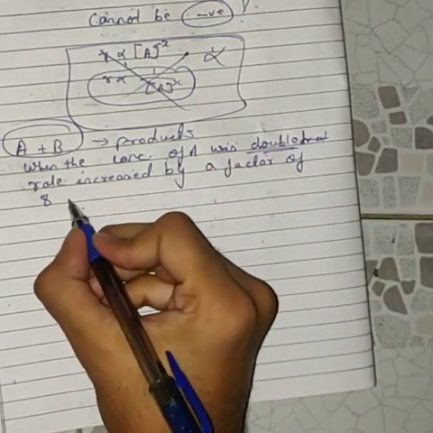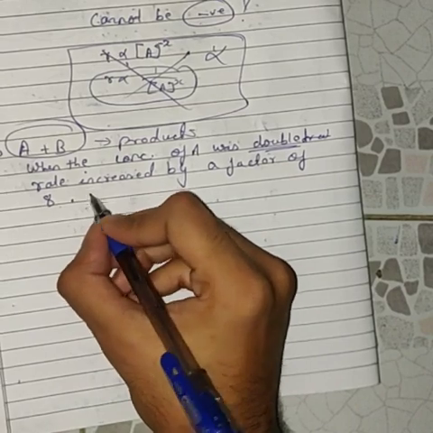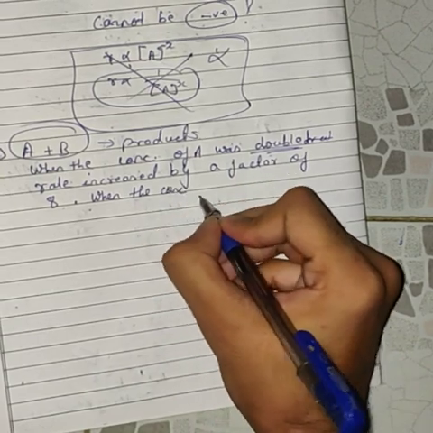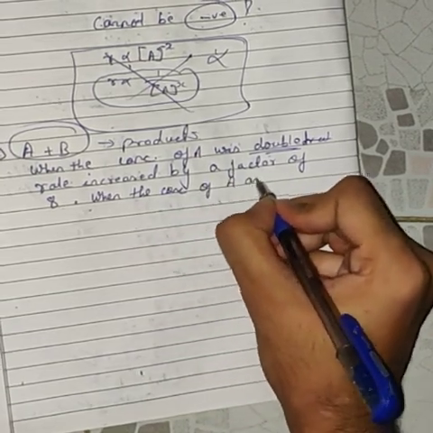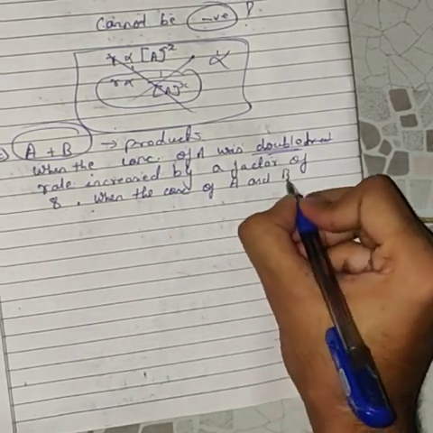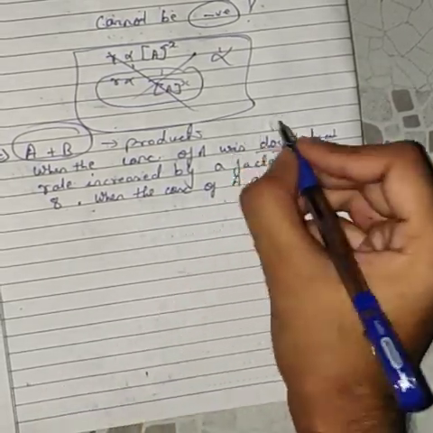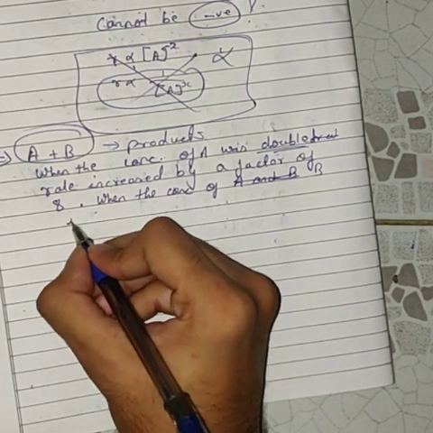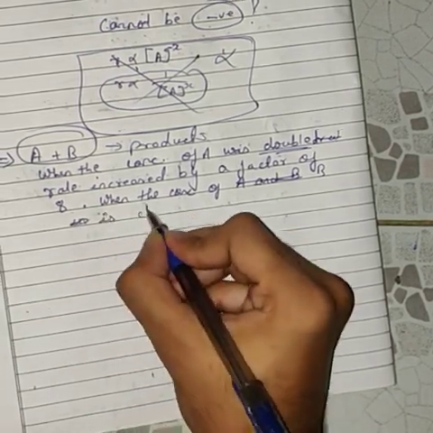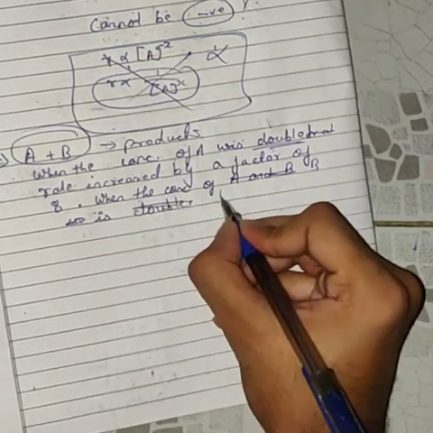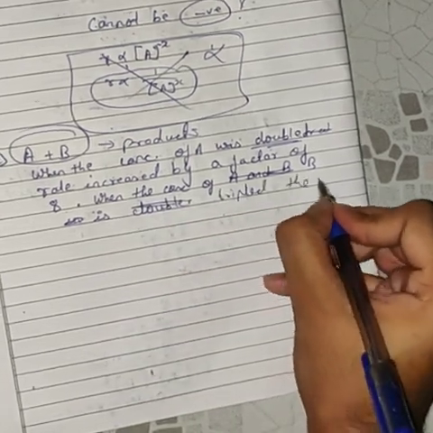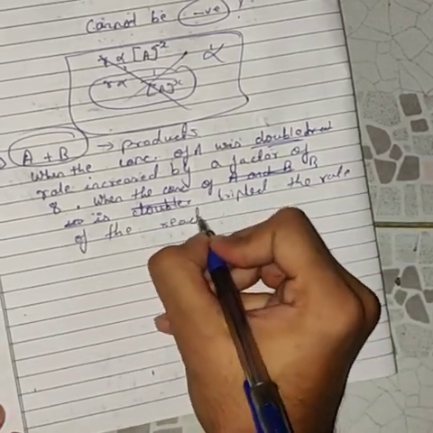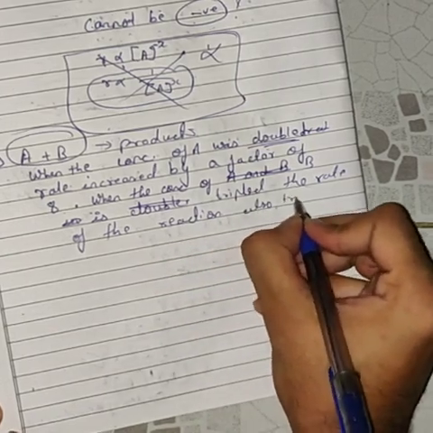Okay, it also says that when the concentration of B is doubled, or I can say tripled, the rate of the reaction also triples.